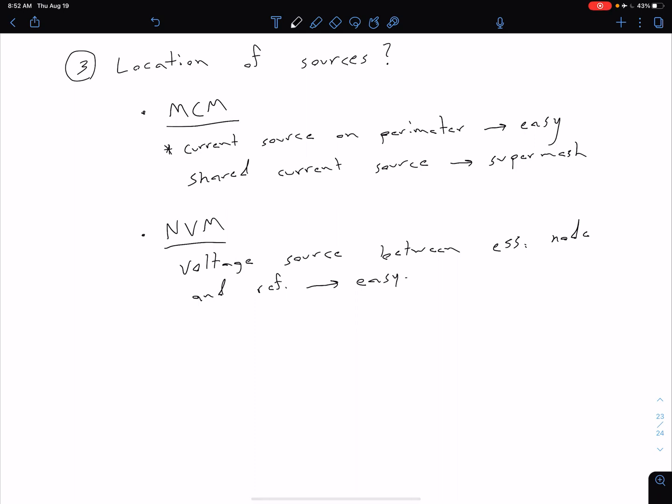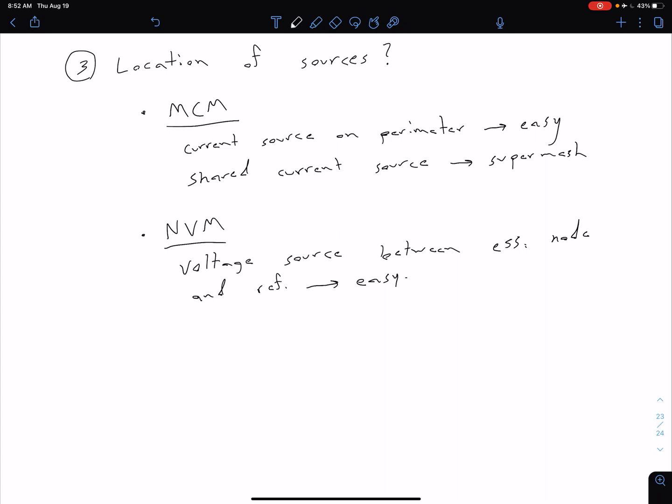That's analogous to this case here of our current source on the perimeter, because in this case we can just say our node voltage at that essential node is equal to the value of the voltage source. And as I've talked about in some of our node voltage videos, we can choose where we define our reference node in some cases to accommodate a voltage source directly between two essential nodes.